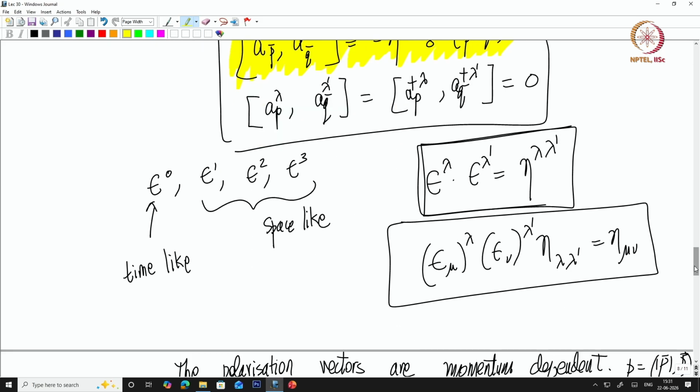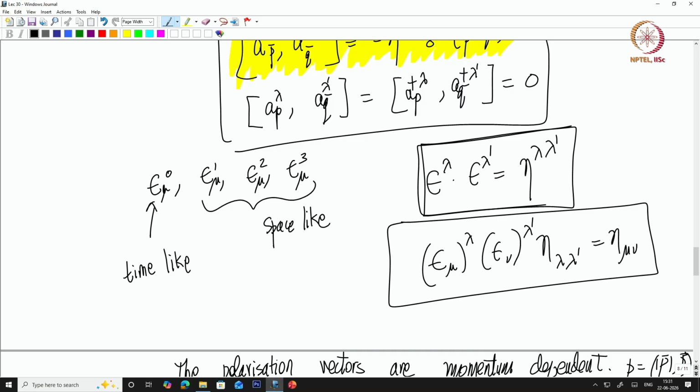Now, looking at the polarization vectors, we see that there are 4 of them: epsilon 0, epsilon 1, epsilon 2, epsilon 3, all of them having a spacetime index and also a polarization index. You remember that there are only 2 polarization vectors for the photon, but here we are dealing with 4 of them.